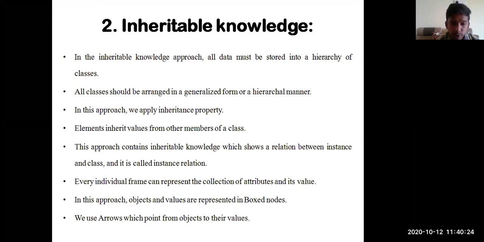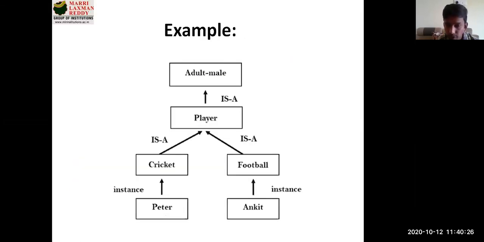We use arrows which point from objects to their values. Here we are using arrows according to the separation between two frames or two objects. If there is a common object, we use a single arrow, as you can see here, a common relationship between players. If there is no common property, we use separate arrows, and we try to show the inheritance property through knowledge representation.